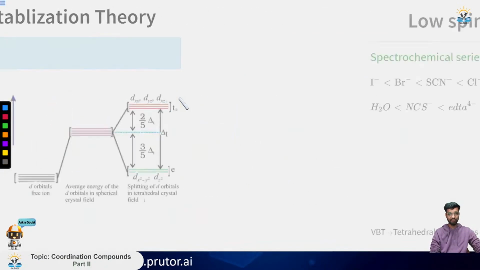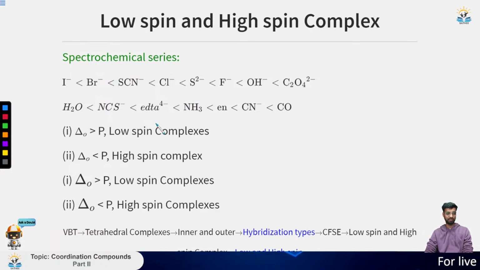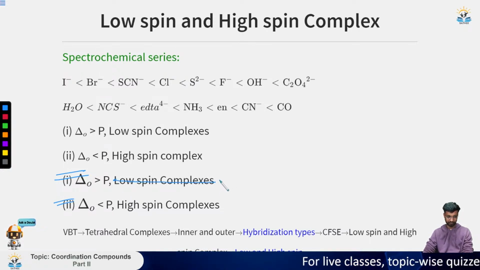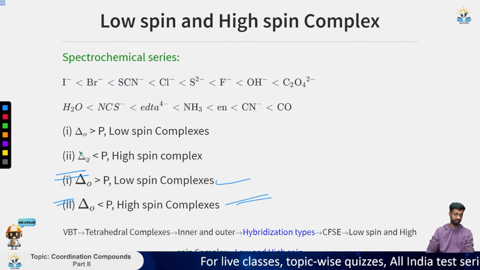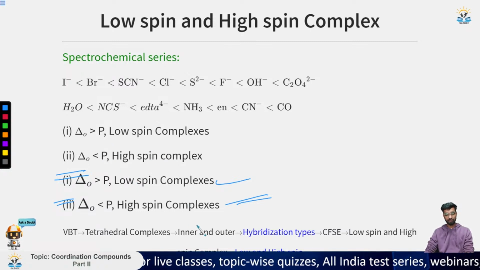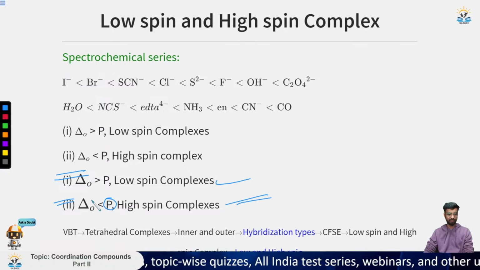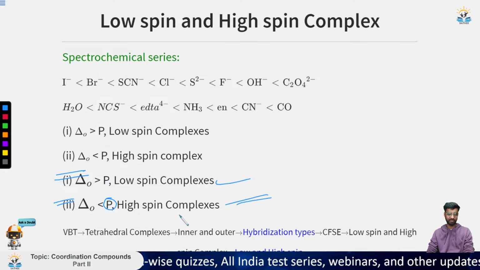So the first factor that we have here is, sorry, this is written wrong. Okay, yeah, it is right. If delta O is less than the pairing energy, then the electron will go to the upside and we will have a high spin complex.